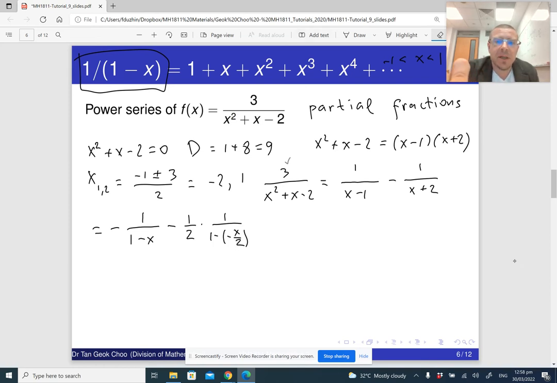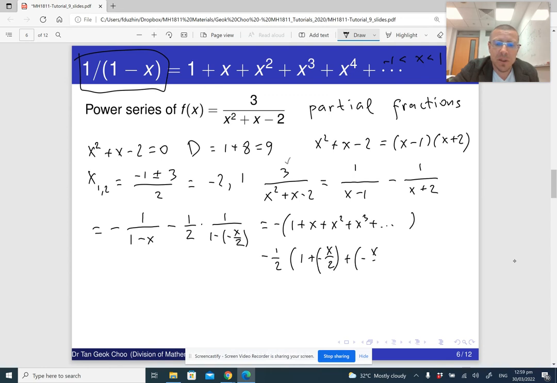And now the idea is that I'm going to use my power series. The first of them is just minus 1 plus x plus x squared plus x cubed and so on. And the second is minus 1 half times 1 minus x over 2 plus minus x over 2 squared plus minus x over 2 cubed, and so on.